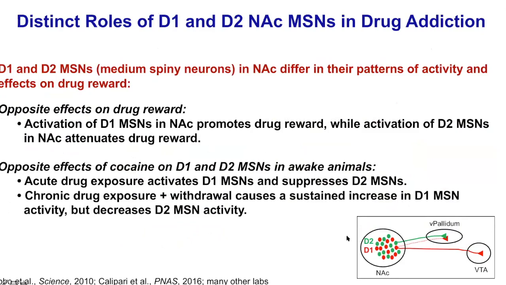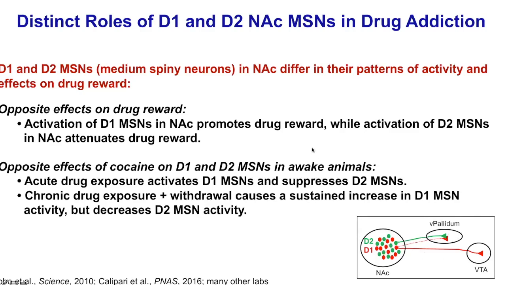And these largely map anatomically onto the direct and indirect projection pathways. So most D1 containing medium spiny neurons mostly project back to the midbrain. They're the direct projection cells. A small subset are indirect projecting. Most of the D2 cells are indirect projecting, project to the ventral pallidum.